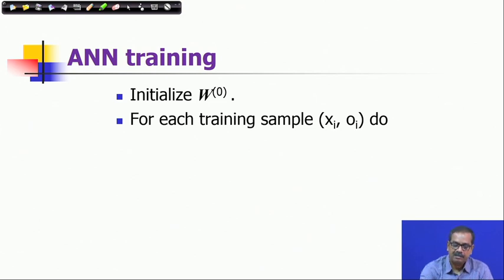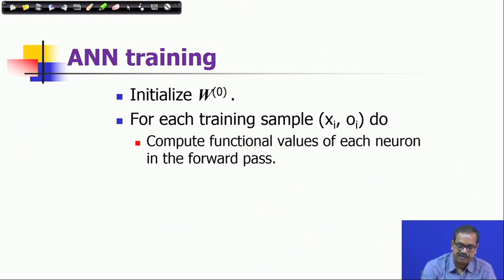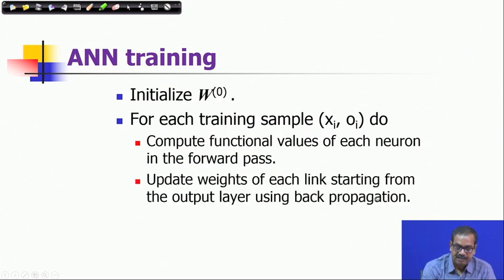The algorithm then follows in the same fashion: for each training sample you compute functional values of each neuron in the forward pass, then update weights of each link starting from the output layer using back propagation, and continue till it converges.